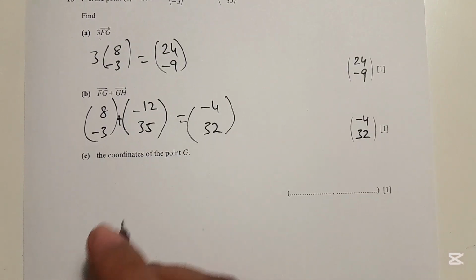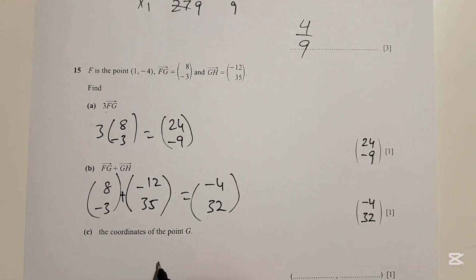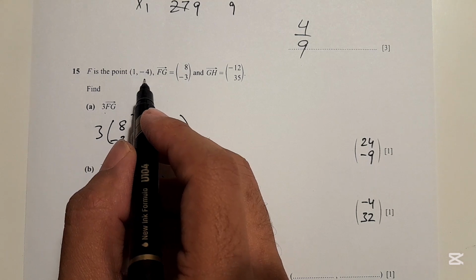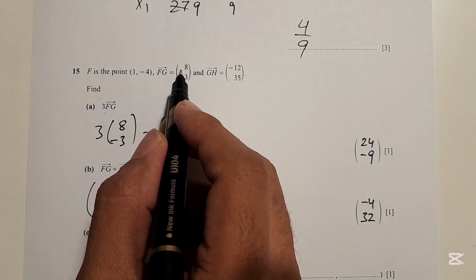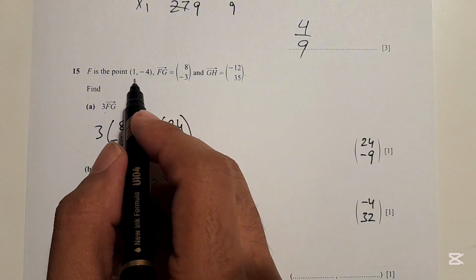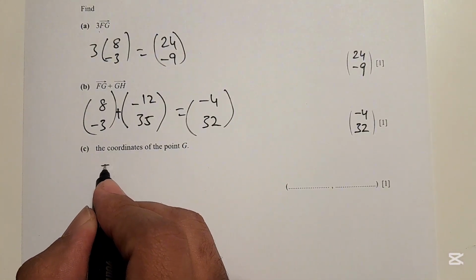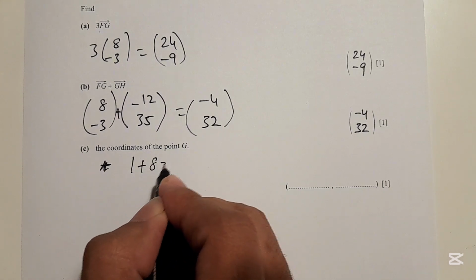Part C states the coordinates of the point G. So you have to calculate the coordinates of point G. For F it's (1, -4) and it moved by +8 on the x-axis and -3 on y. So 1 plus 8 will be 9.